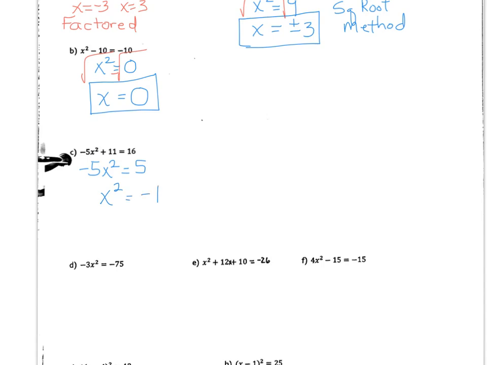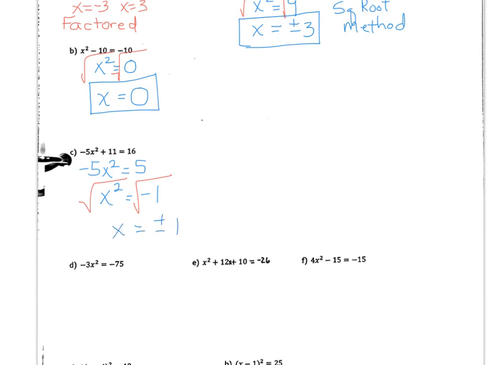Okay, now you take the square root because you have the x squared isolated. So to undo that, you'll take the square root. And let's see here. Can you take a square root of a negative number? No, you can't. Some kids might think the answer could be positive or negative 1.